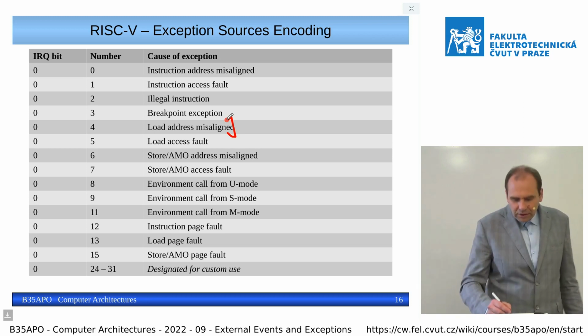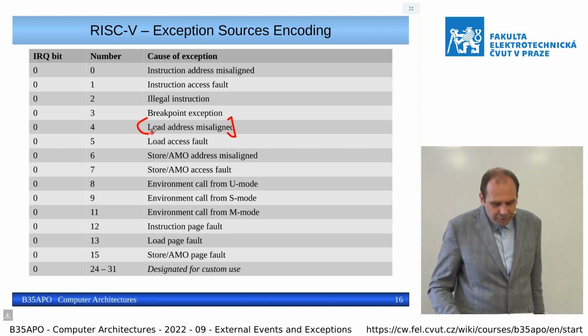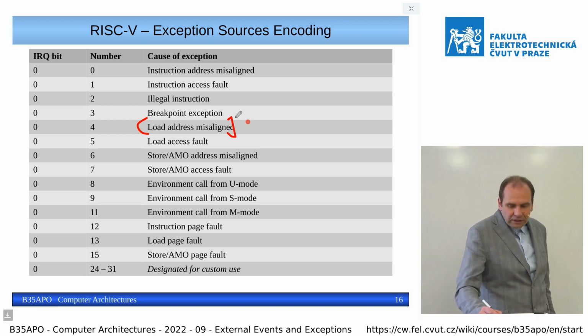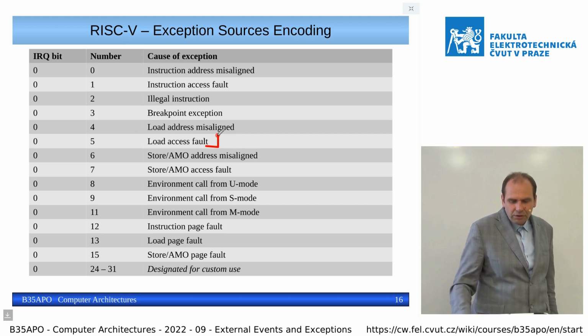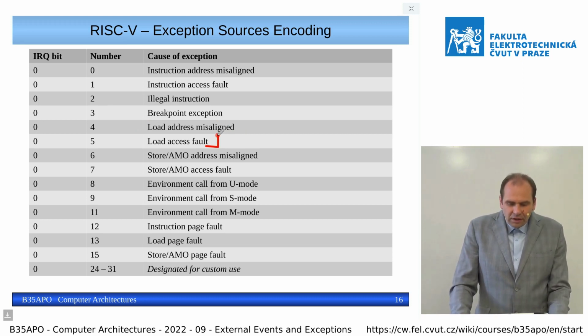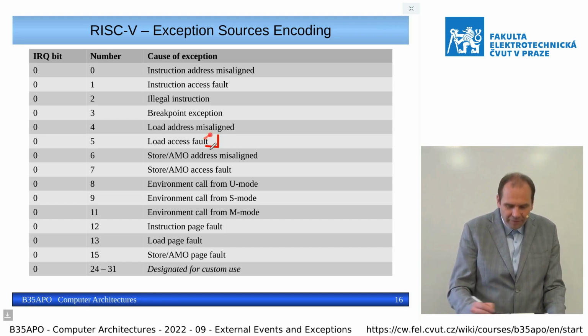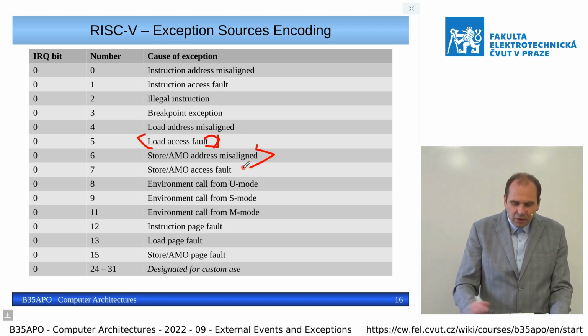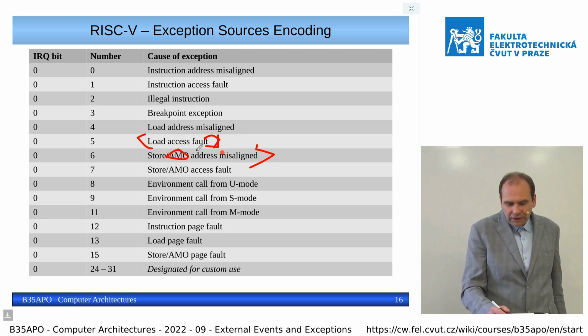If, for example, 32-bit values have to start on an address divisible by 4, then if you try to access an incorrect address, you get this exception. If you cannot load the value due to a page fault or some other problem with the memory, then you get a load access fault. If it is a misaligned write or atomic operation, then you get 6.